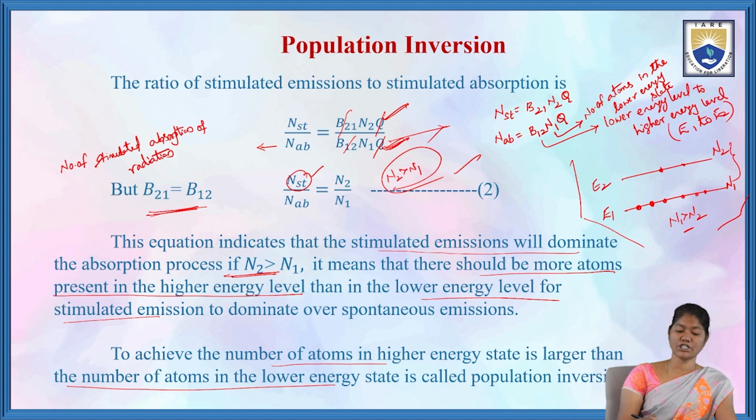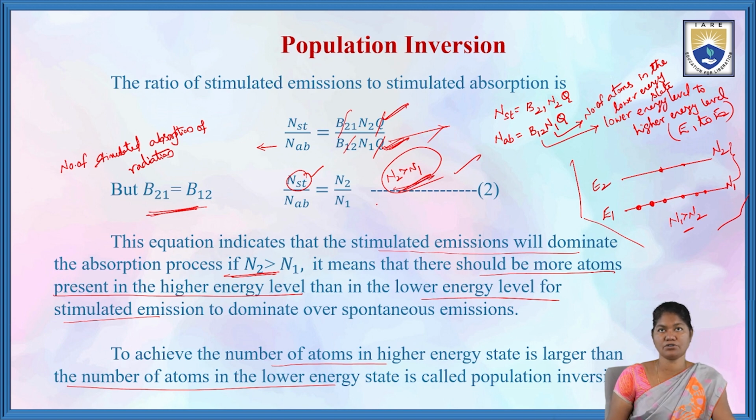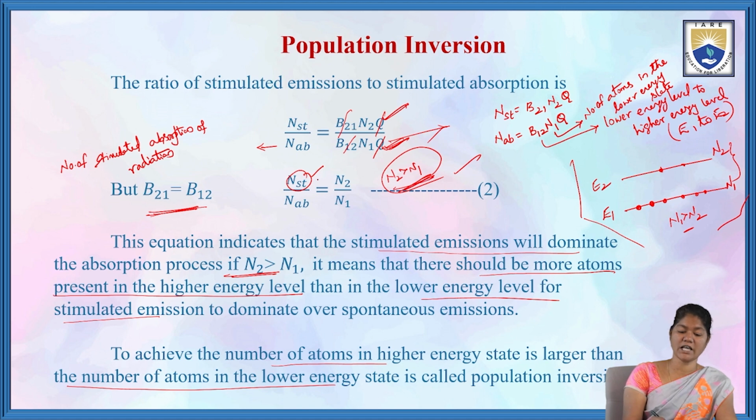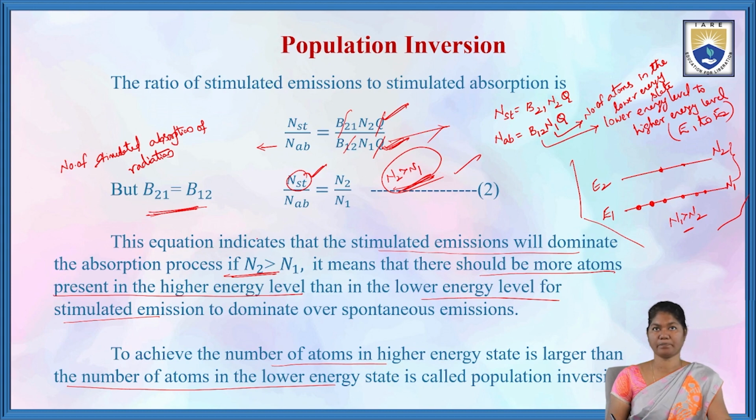But to make the stimulated emission of radiation more, N2 should be greater than N1. If N2 is greater than N1, then stimulated emission of radiation will be more than absorption.